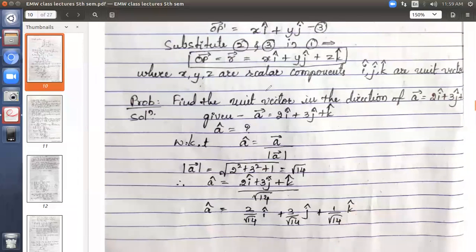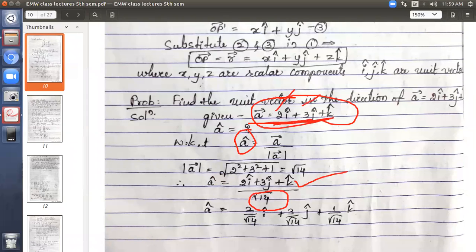See, this is some vector given to you. How have you found the unit vector? That given vector is divided by its magnitude. Magnitude is the square root of 2 square plus 3 square plus 1. If any vector is there, that vector will be in the numerator and its magnitude will be in the denominator.